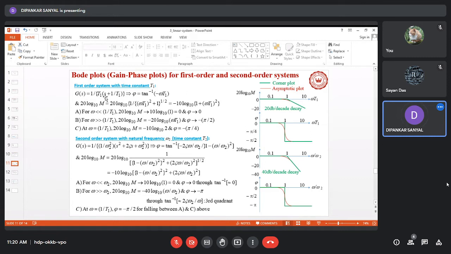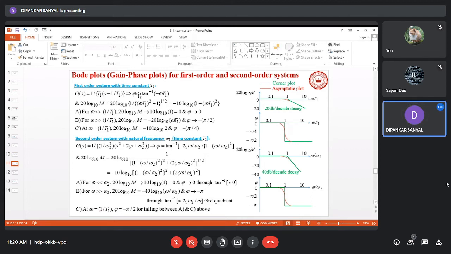So here within the bracket we have 1 by second, and we have multiplied it by a second, so that the denominator also becomes a non-dimensional term, and that non-dimensionalization we do in terms of the time constant of the system.